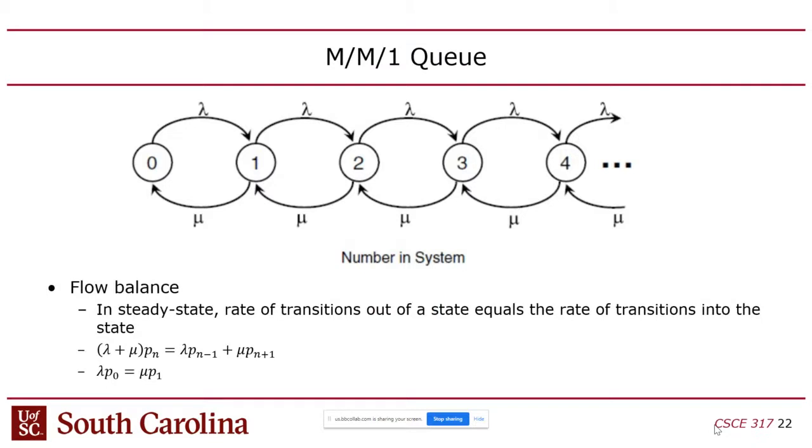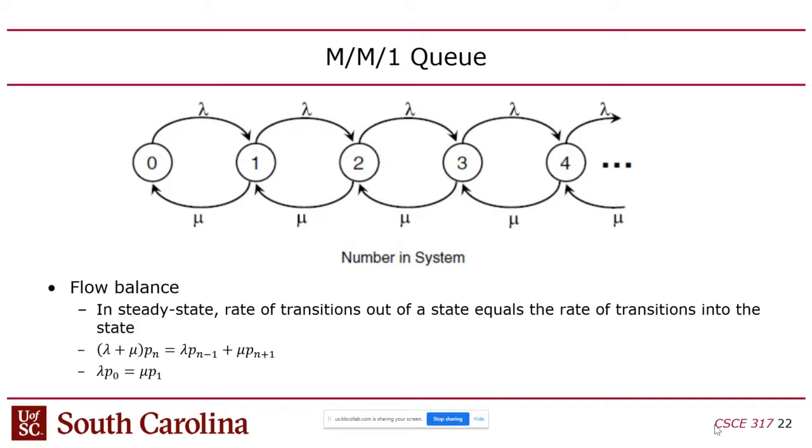Okay, so the idea with analyzing the system is flow balance, and to be honest with you, I think this is not entirely intuitive. But in steady state, the rate of transitions out of a state must equal the rate of transitions into a state.